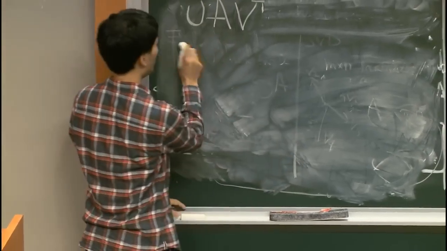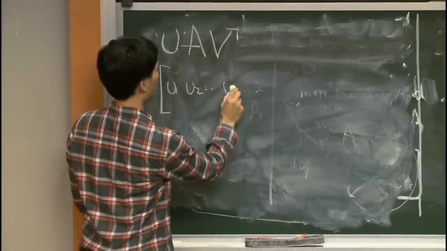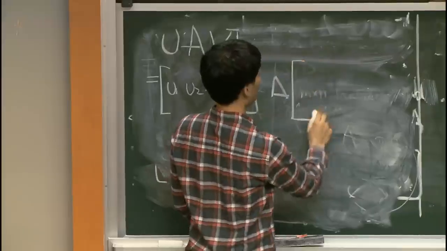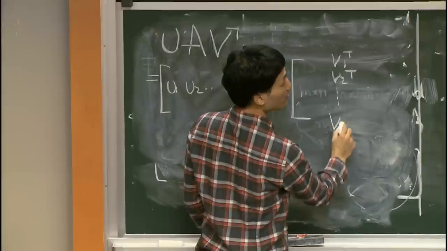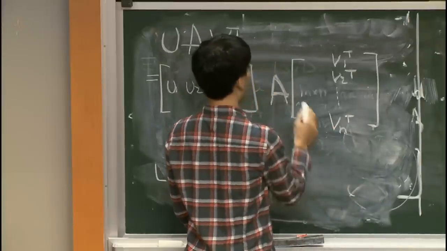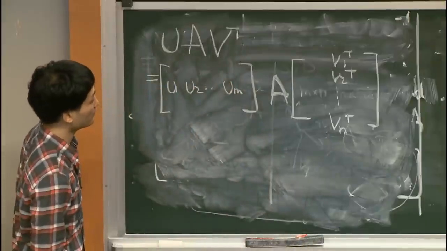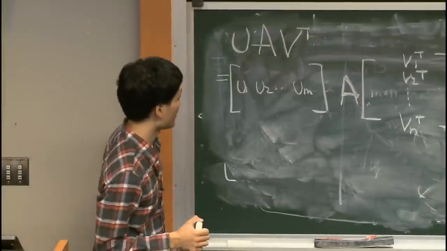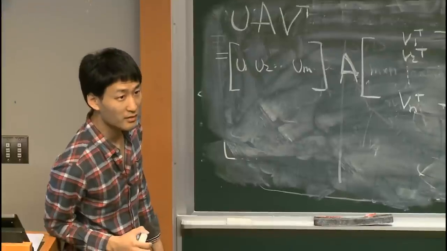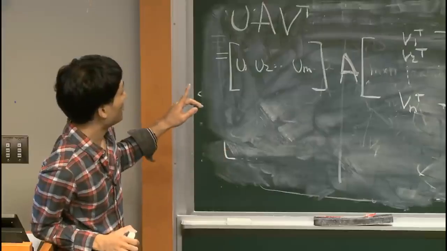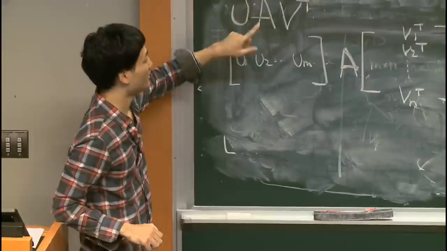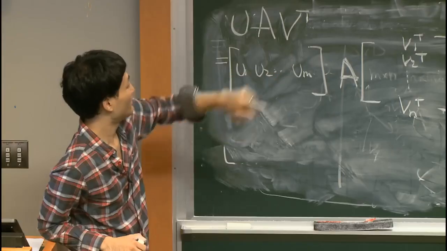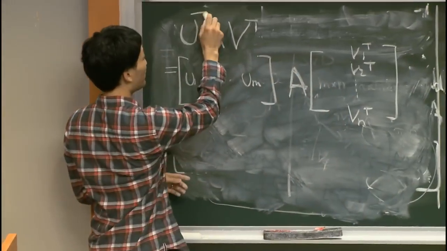So U transpose A V, yeah, that will be U1 transpose, U2 transpose, up to Um transpose, times A, times V1, V2, up to Vn.